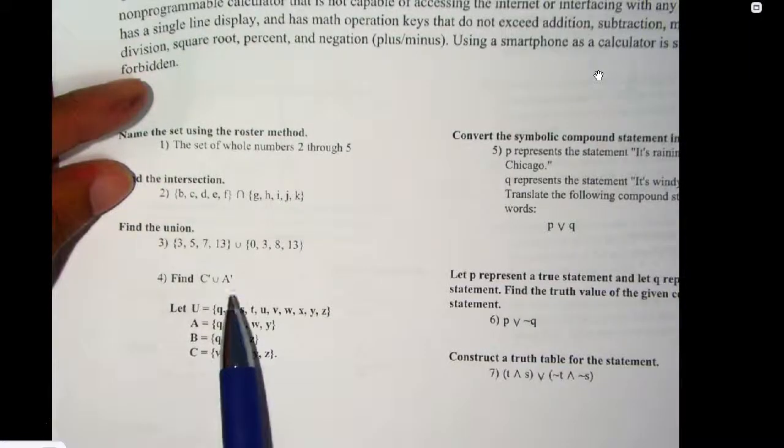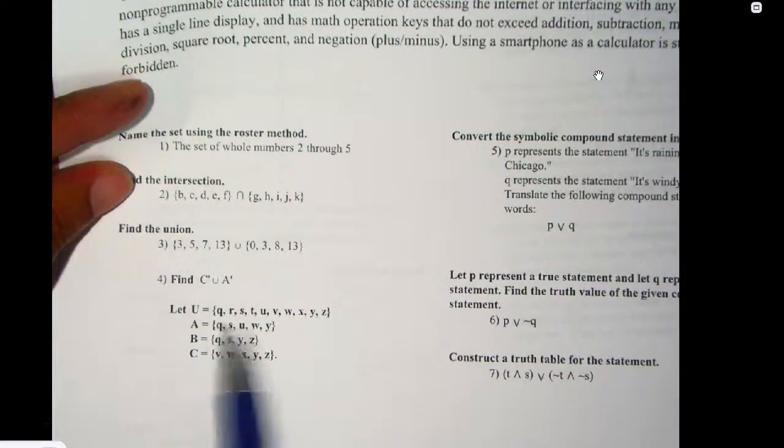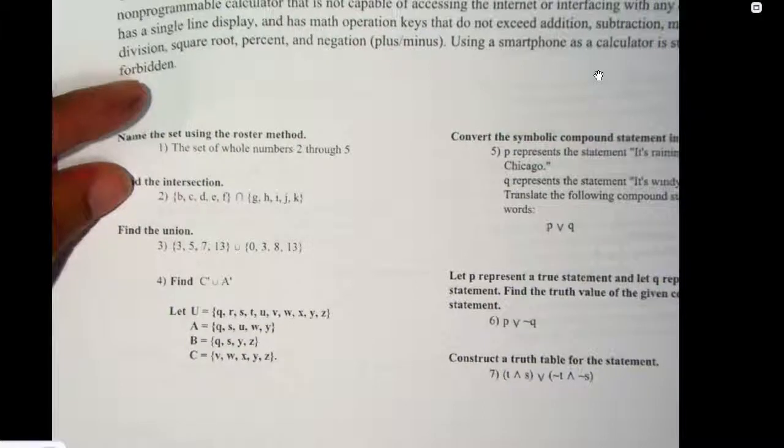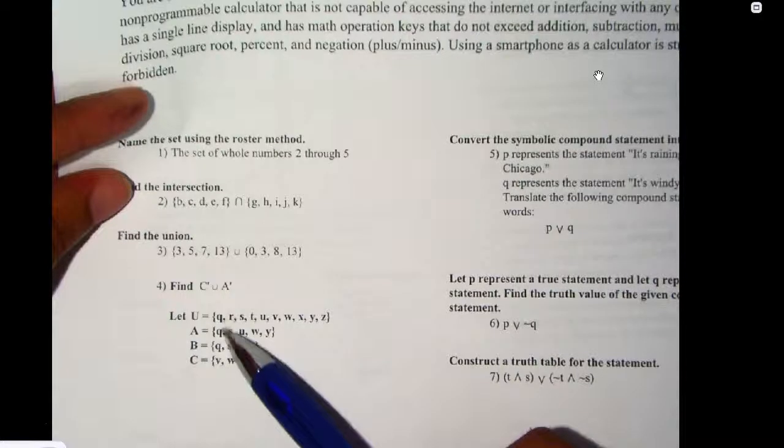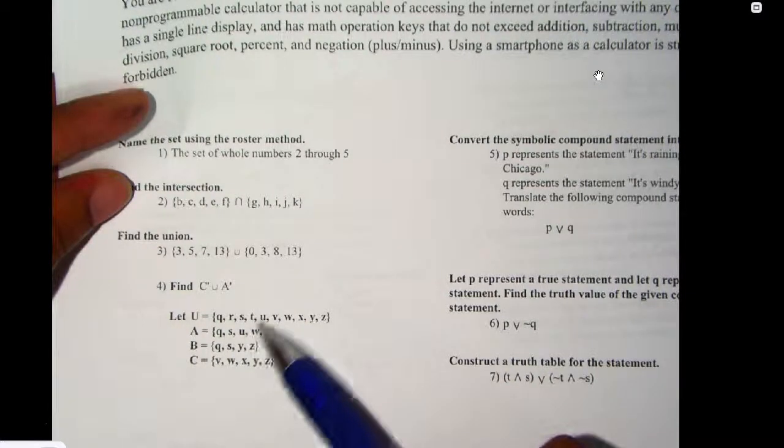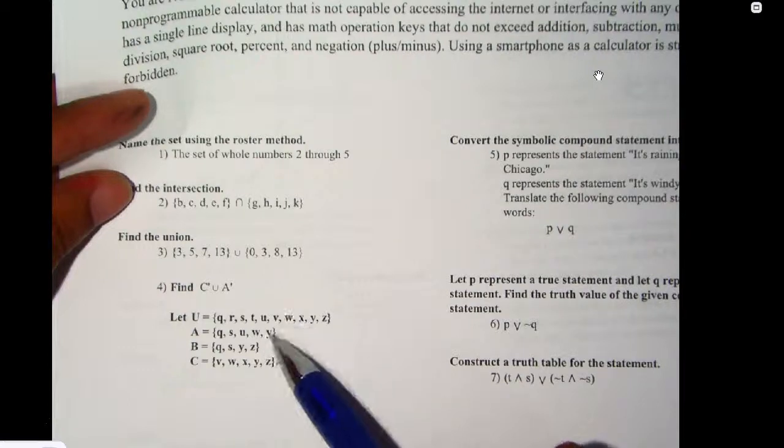If we're trying to find the complement of A, we're trying to figure out what is in the universe that is not in me. Okay, so let me see if I get this one right. When I'm comparing them on top of each other, Q is the same, S is the same, U is the same, W and Y are the same.